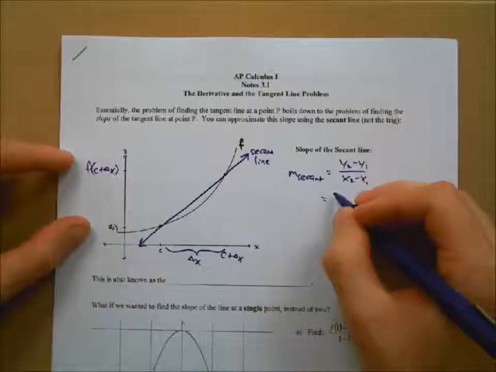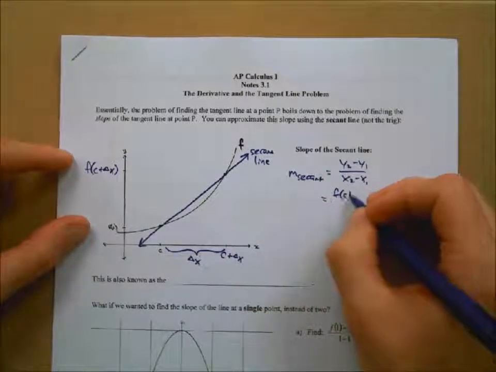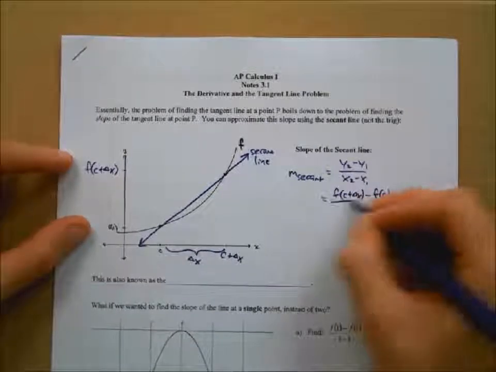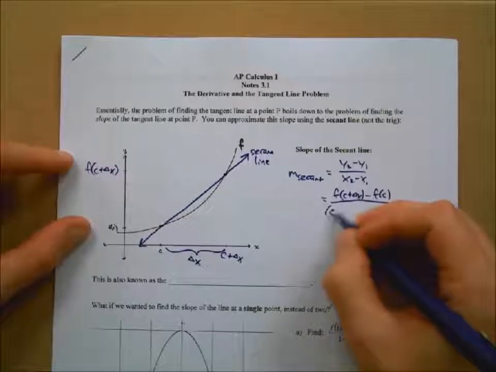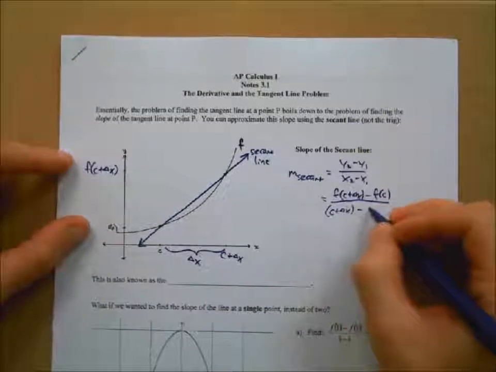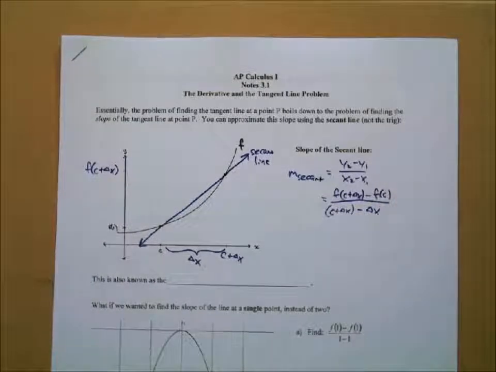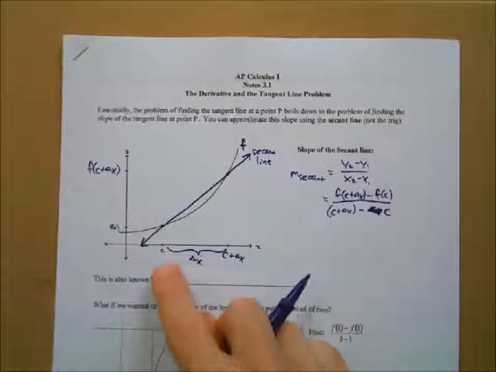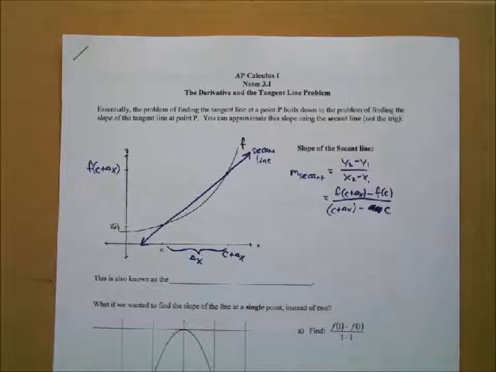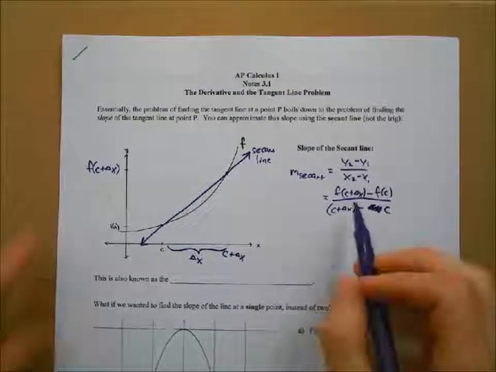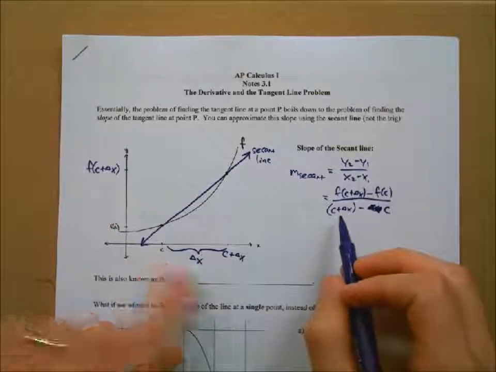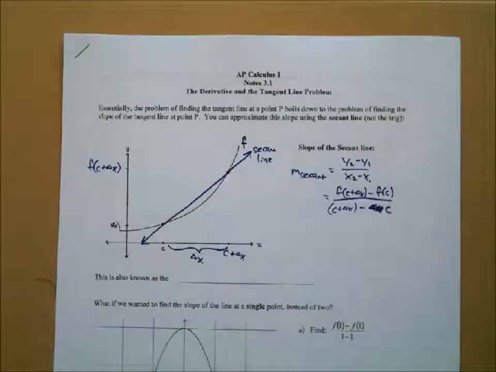We'll say f of C plus delta x minus f of C all over C plus delta x minus, sorry, minus C. There you go. The other x coordinate was C there. So f of C plus delta x minus f of C all over C plus delta x minus C, those 2 points.